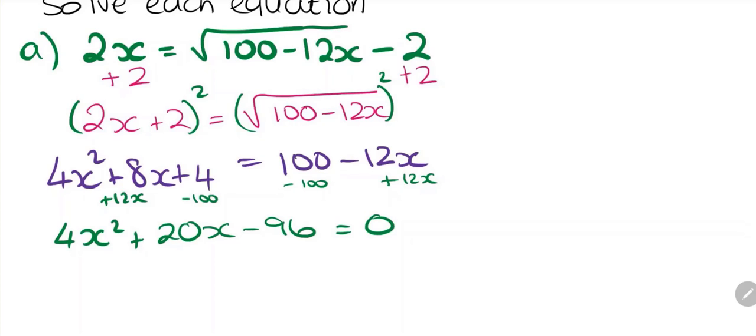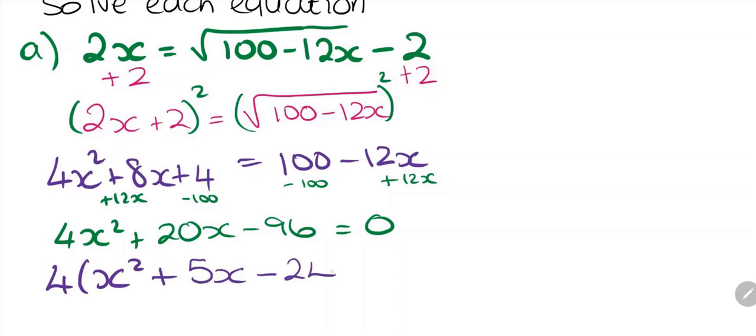So now we know we need to factor. Looking for the greatest common factor, I can see that they will factor by 4. So this will be x squared plus 5x minus 24.